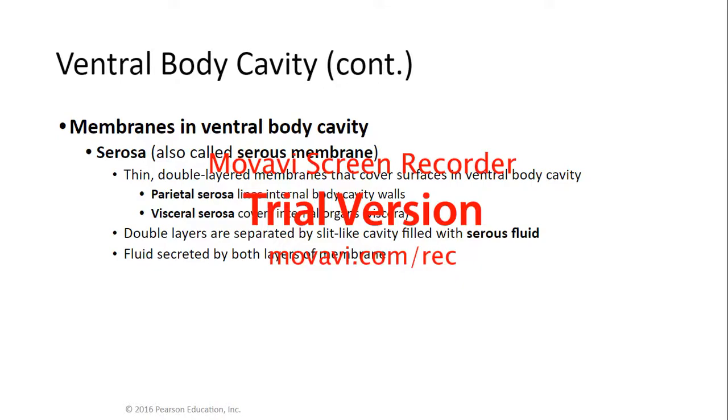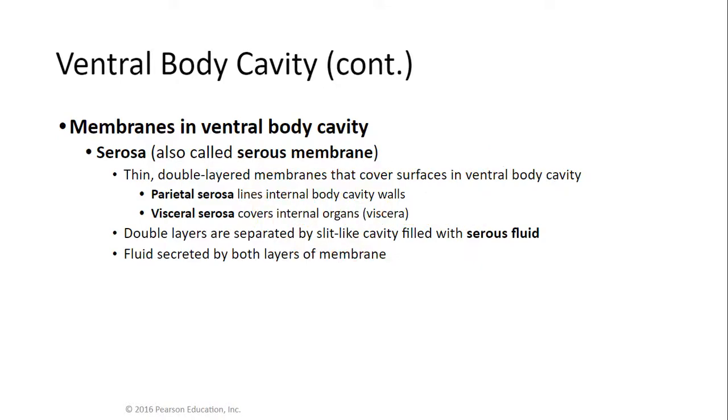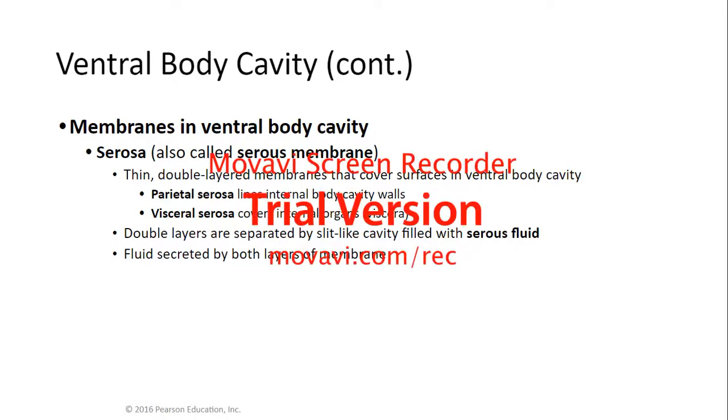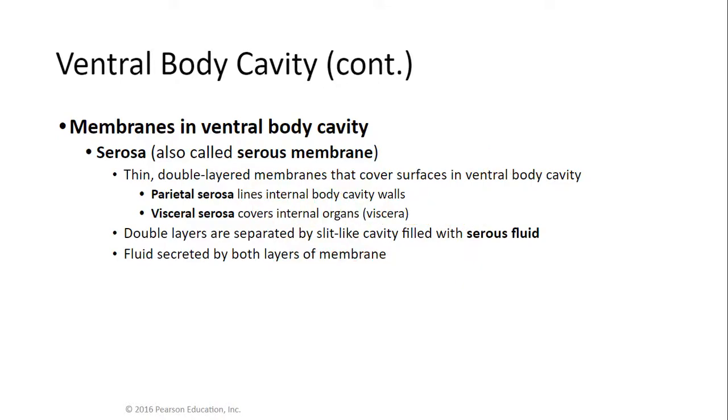The way you can think of this is an analogy: the parietal serosa would be like a room with walls, and the parietal serosa is the wallpaper lining the walls.